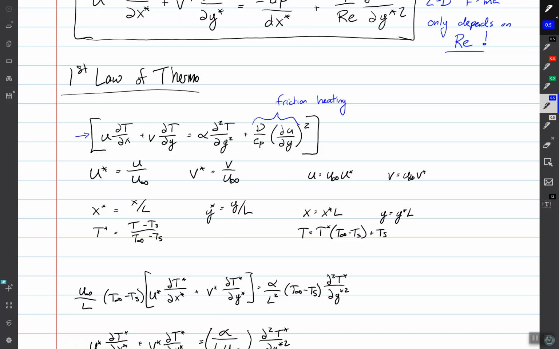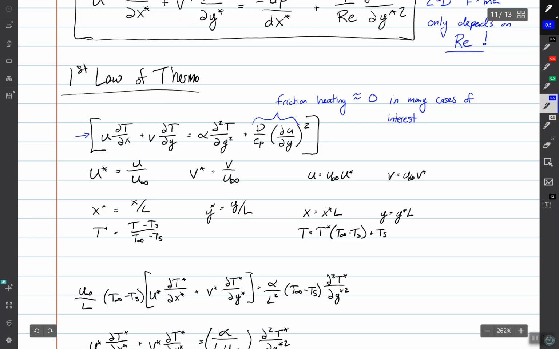So if we have a fluid flowing over something, there's going to be friction in the fluid, and just like rubbing your hands together, that causes heating. It doesn't cause a lot of heating, and in many cases, it's approximately zero compared to other sources of heat or other forms of heating, or many cases of interest.